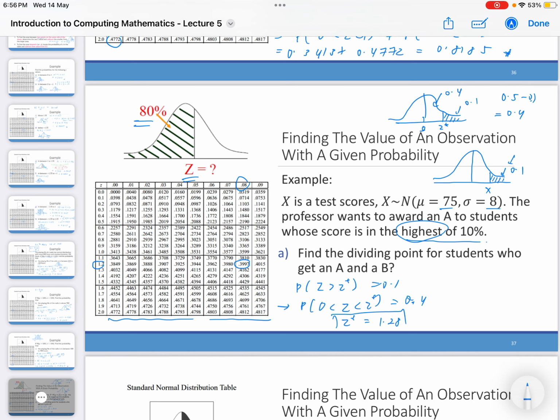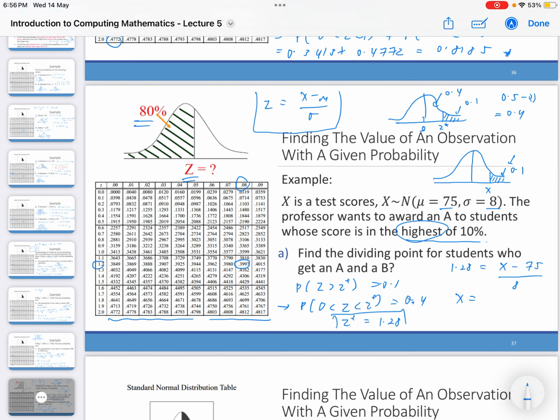But the question is asking for the value of X. Remember the conversion: Z equals X minus mean divided by standard deviation. So we use the same formula to get X. We have Z, which is 1.28, equals X minus the mean, which is 75, divided by sigma, the standard deviation, which is 8.